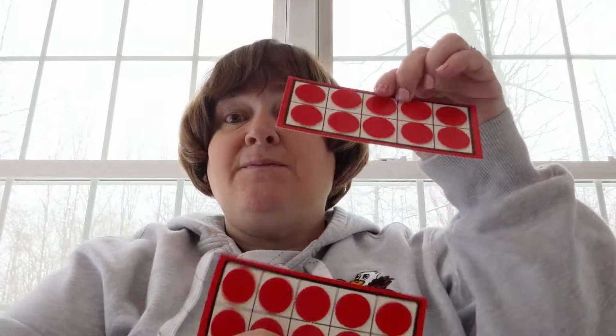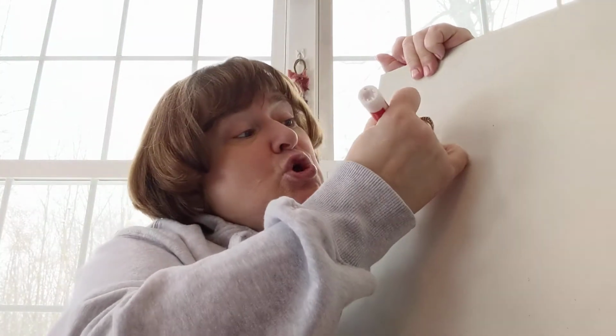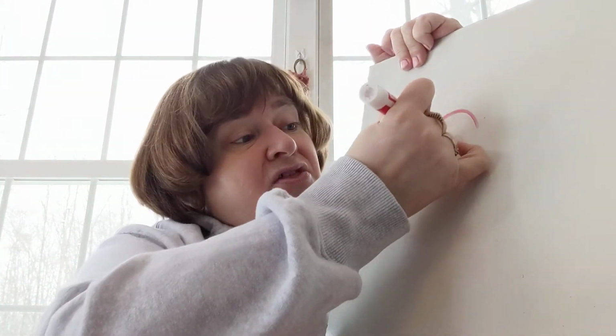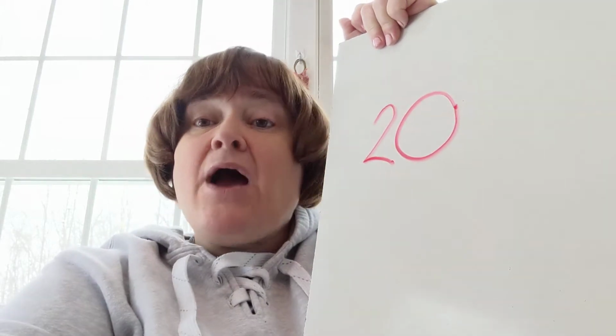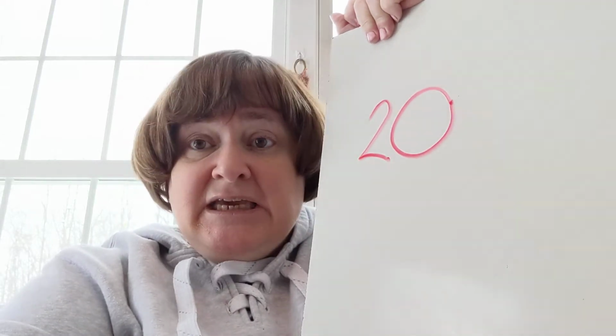So say that. 20. 20 and 12 get really confused, but this is 20 to show that I have 2 10s, that both of my 10 frames were filled up. I can practice writing that a couple times. I'm going to write my 2 first, then my 0, and now I have 20.